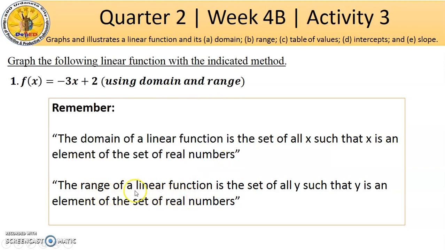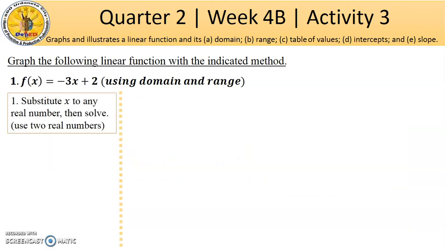The range of a linear function is the set of all y such that y is an element of the set of real numbers. Therefore, we can change the values for x and for y to any number from the real numbers.